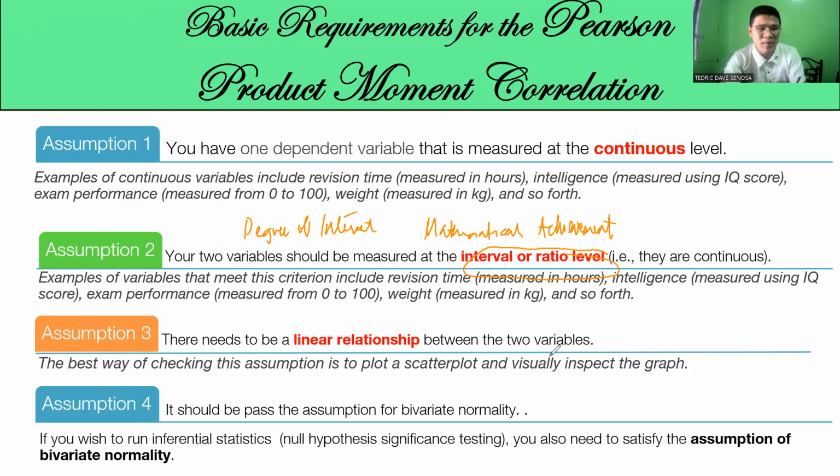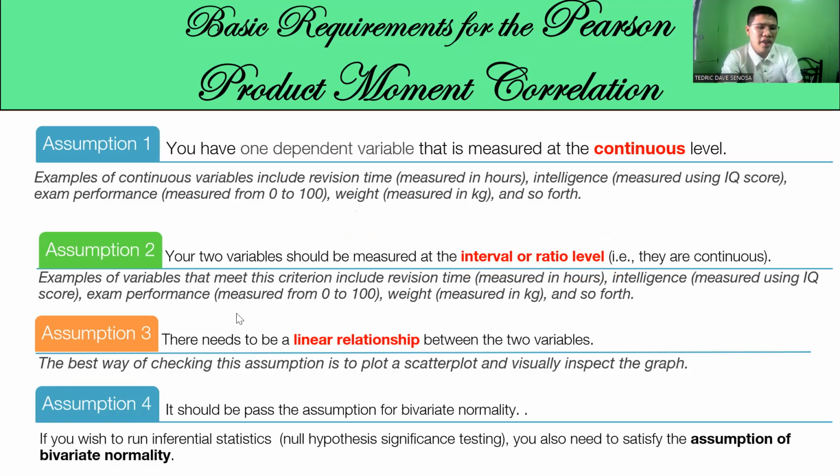Ratio means it has an absolute 0. So it could be scores, exam performances, grades, interest, parental involvement, or anything. It should be quantified. It could also be interval.